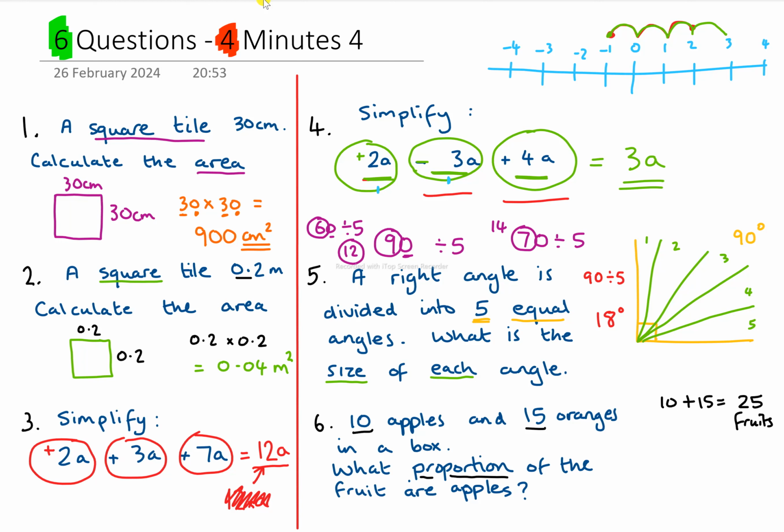So out of 25 fruits, 10 are apples. So now if I write that in its simplest form, because they might not give it as 10 over 25, I can see that they're both in the 5 times table. So I'm going to divide by 5. I'm going to divide by 5. 10 divided by 5 is 2. 25 divided by 5 is 5. So it's 2/5. Right, okay. That one's done.